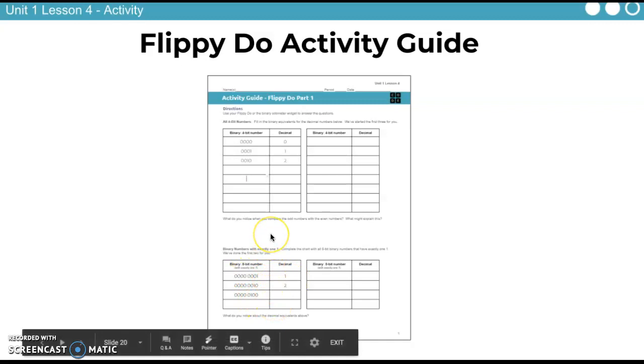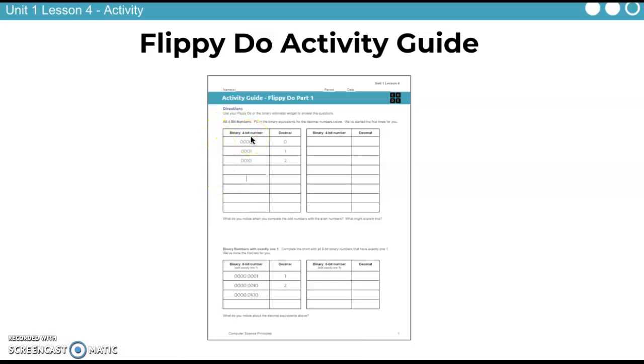Okay, so you're going to work and answer these questions. I just want to enlarge this: fill in the binary equivalents for the decimal numbers below. We've started you off. So the decimal numbers are what will drive this. So you'll fill in this 0, 1, 2, 3, 4, 5, 6, 7, 8, 9, 10, 11, 12, 13, 14, 15.